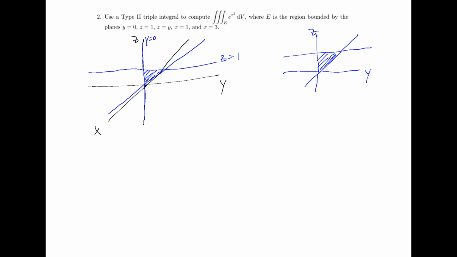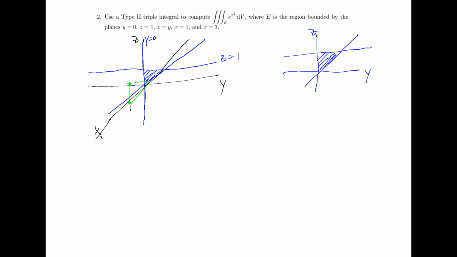Now we have to think a bit about these equations x equals 1 and x equals 3. So they are going to be horizontal planes. By what I just said, this figure over here is going to repeat for every x. So for instance, for x is 1, let's do that in green, I'm going to have a triangle like this in the same way. So that's at x equals 1.